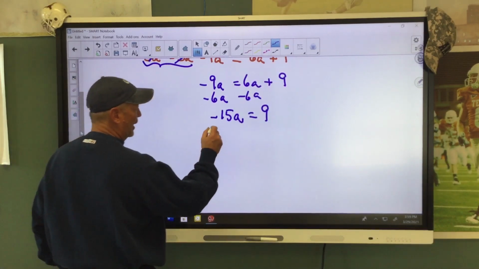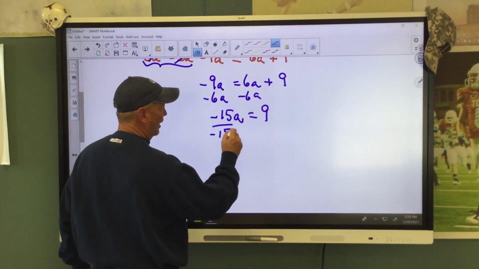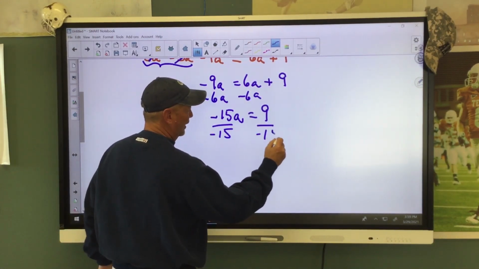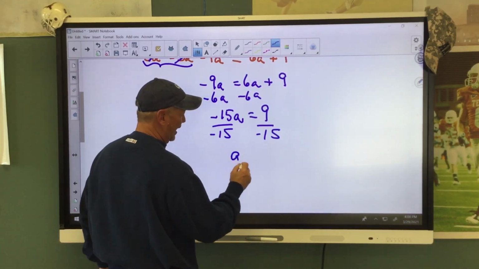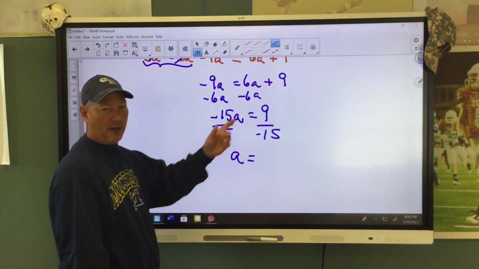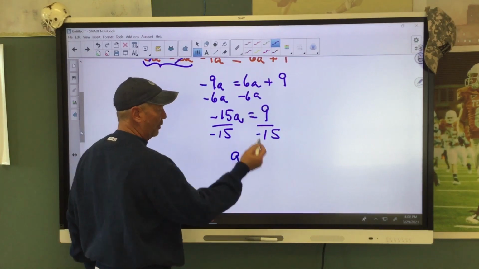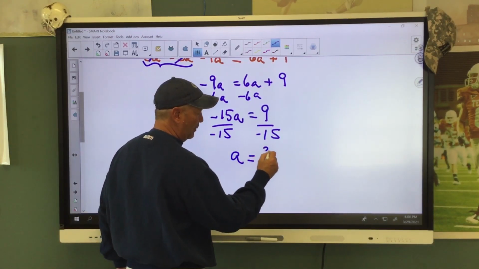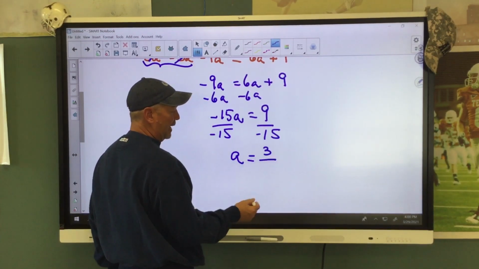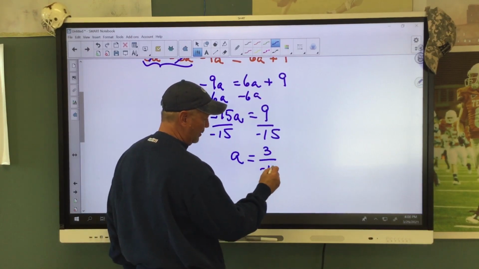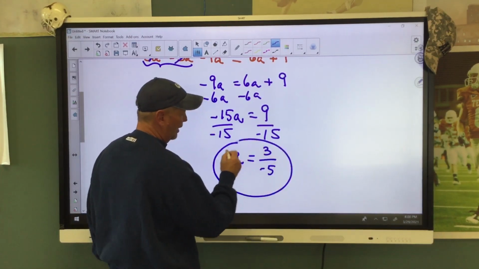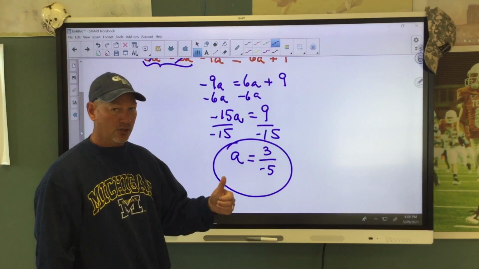I divide by negative 15. I divide by negative 15. And I get A equals, I reduce the fraction. 3 goes into 3 goes into 9 3 times. 3 goes into negative 15, negative 5 times.